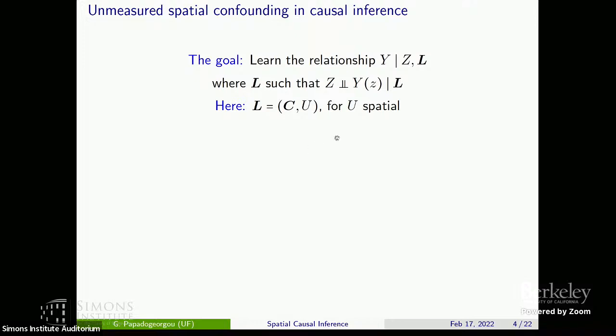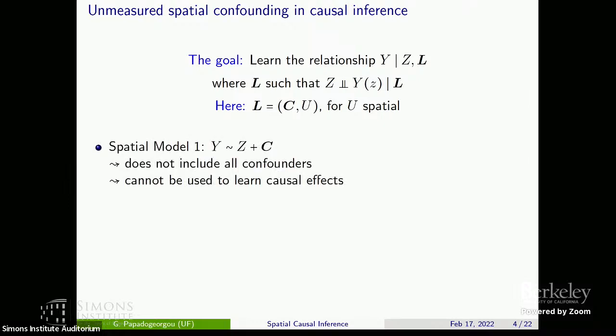So the way I like to think about spatial confounding is that the relationship we want to learn is a conditional relationship between Z and Y when we condition on some variables L that satisfy the classic no-unmeasured-confounding assumption. These variables L include the measured variables, but also necessarily need to include some unmeasured spatial variables as well. So there is this spatial random variable U that is a confounder of the Z-Y relationship, and we need to adjust for it if we want to estimate causal effects. This is a crucial difference between spatial statistics and causal inference.